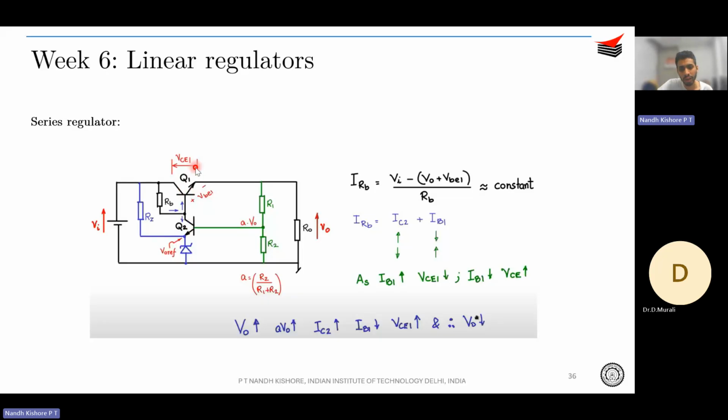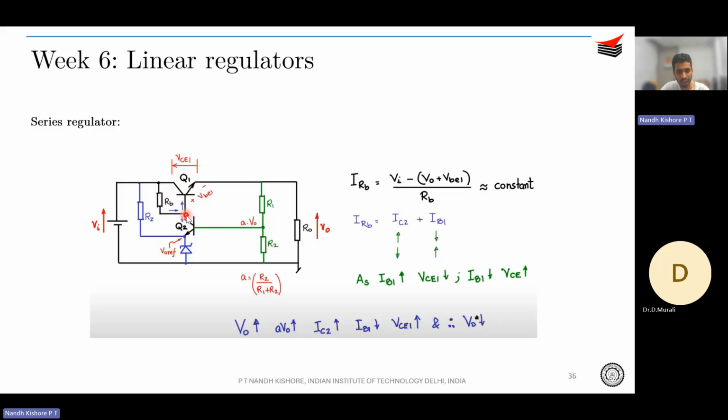Okay. So what is the procedure that is adopted over here? Look at this circuit. That is, your IRB over here is kind of always constant, right? Why? Because VI minus this voltage is basically V0 plus VBE1, divided by RB. This is your current that flows through IRB. Okay. So this current is kind of constant.